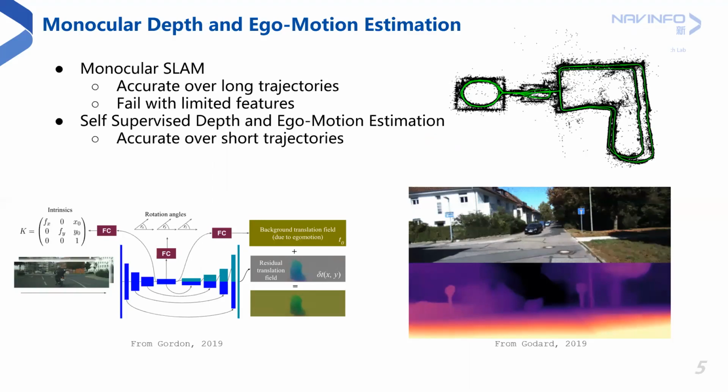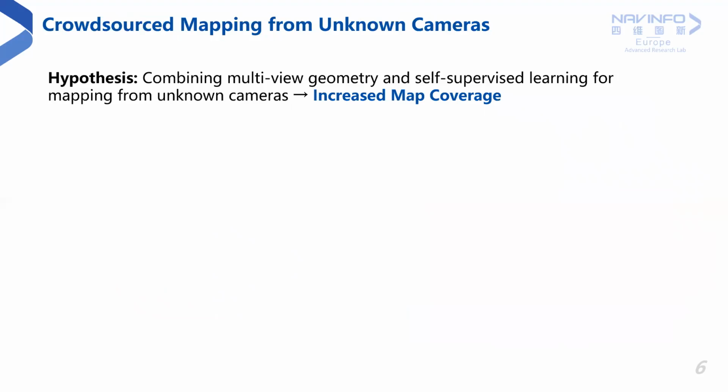Their prediction of relative motion over short trajectories is highly accurate. They are also able to predict dense depth from single images. Yet their accuracy is limited to shorter distances. Hence, we hypothesize that combining the strengths of multi-view geometry and self-supervised learning approaches for camera calibration, depth, and egomotion estimation for crowdsourced mapping will lead to an increased map coverage.